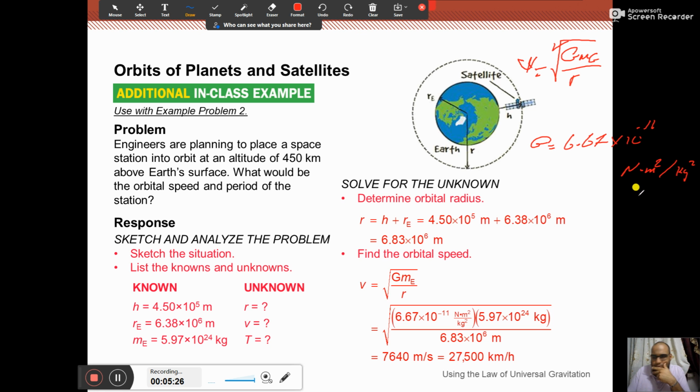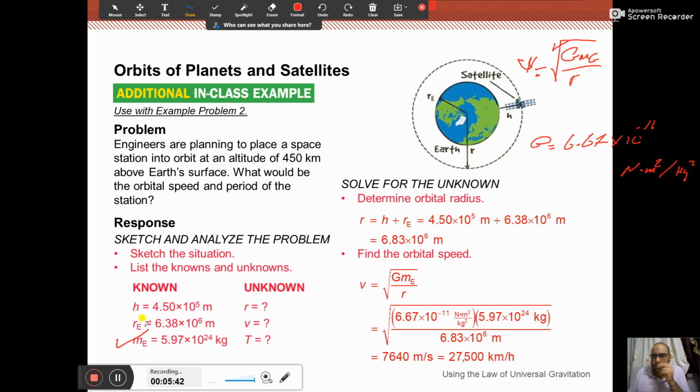You can use either one according to Newton's second law or the universal law of gravitation. M_E is the mass of the Earth, and I'm going to provide its value in the problem.